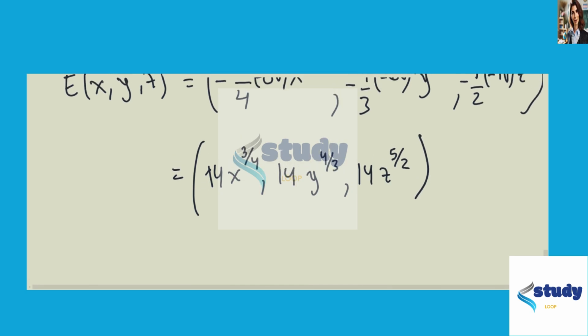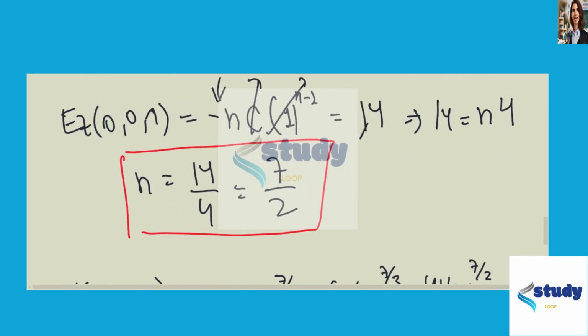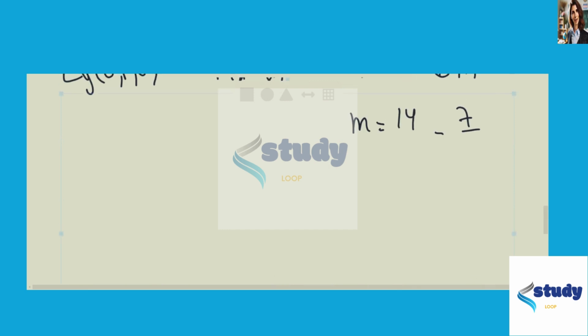Let me make some space in here. The first point is 0, 0, 0.